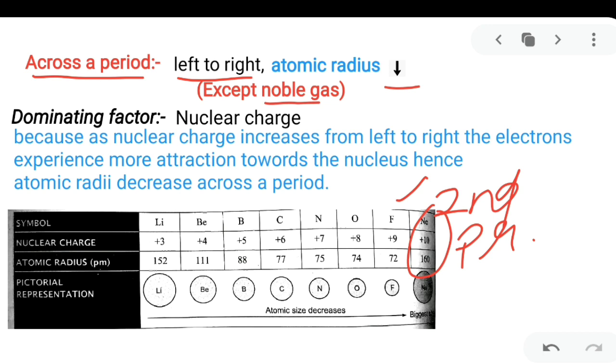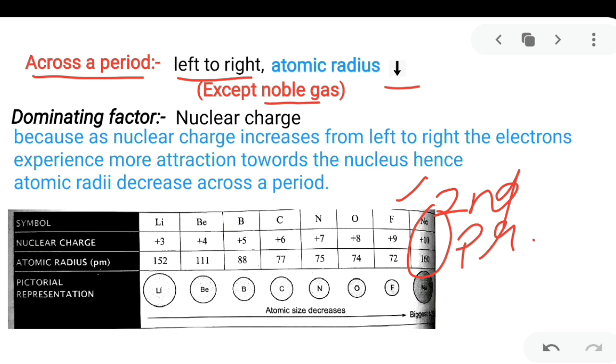You can see here lithium, beryllium, boron, carbon, nitrogen, oxygen and fluorine, all of them the nuclear charge is also increasing slowly. Lithium +3, beryllium +4, boron +5, carbon +6, nitrogen +7, oxygen +8, fluorine +9. As the nuclear charge increases, you can see the atomic radius gradually decreases.